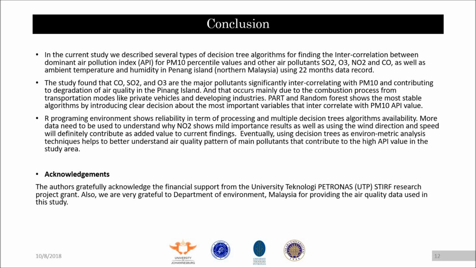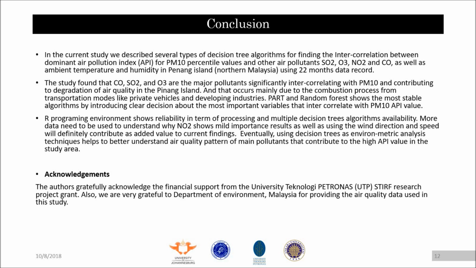The study found that SO2, CO, and O3 are the major pollutants significantly intercorrelated with the PM10 and contributing to degradation of the air quality in Penang Island, and that occurs mainly due to the combustion process from transportation modes like hybrid vehicles and developing industries.